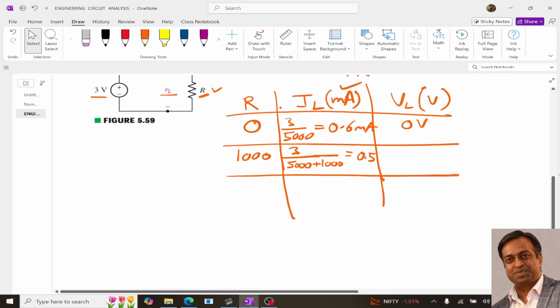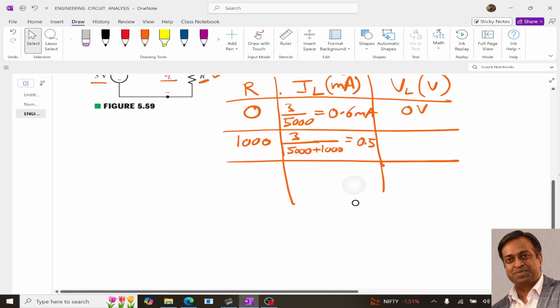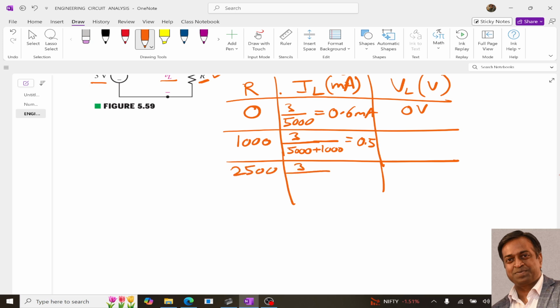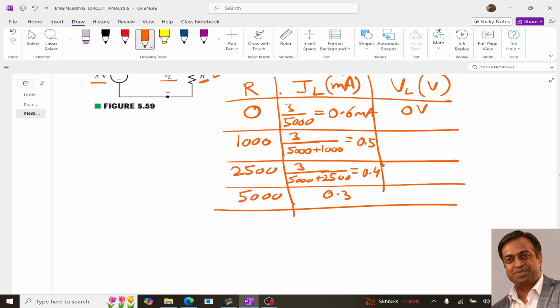Corresponding to this, I will write the VL later on. If I take R as 2500, then this will become 5000 plus 2500, and solving this we will get 0.4. Similarly, if I take R as 5000, then IL will be 0.3. If I take R as 10,000, then it will be 0.2.